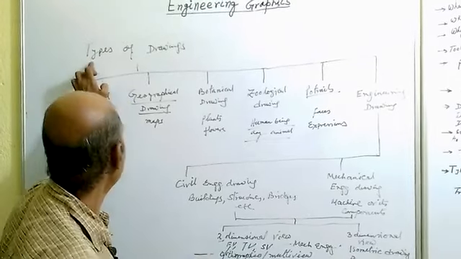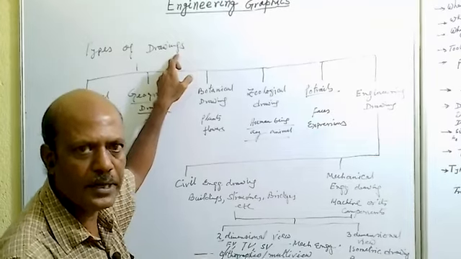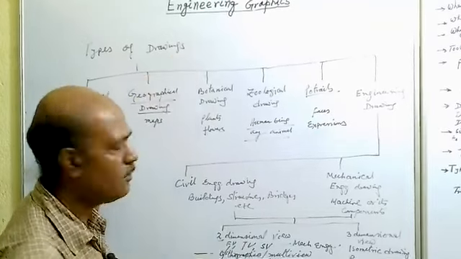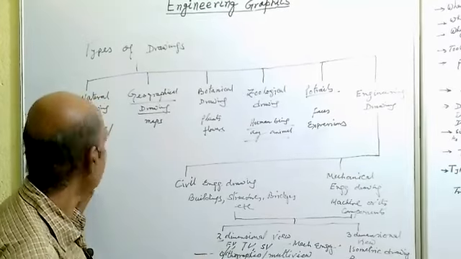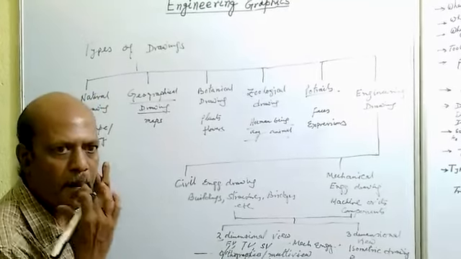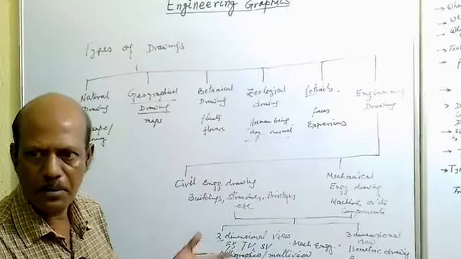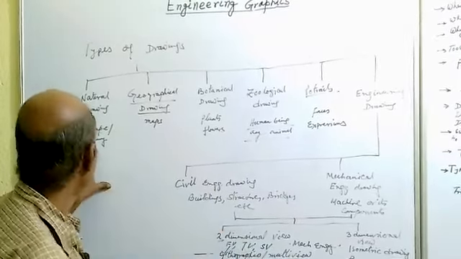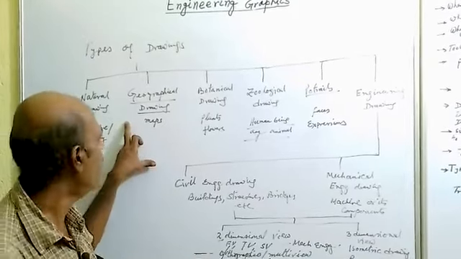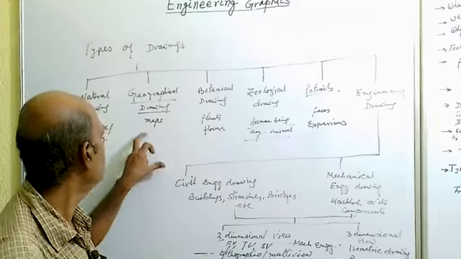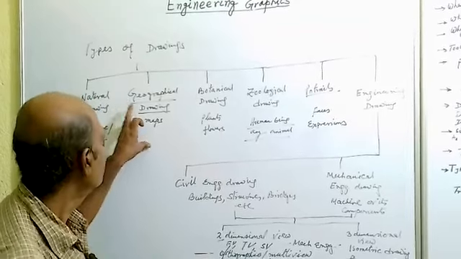So if we see again the types of drawing, other than engineering drawing, there are other kinds of drawing. First one is the natural drawing. The drawing of landscape and scenery, or the photograph of a particular area, comes under the natural drawing. Second one is the geographical drawing. Drawing of maps comes under geographical drawing.